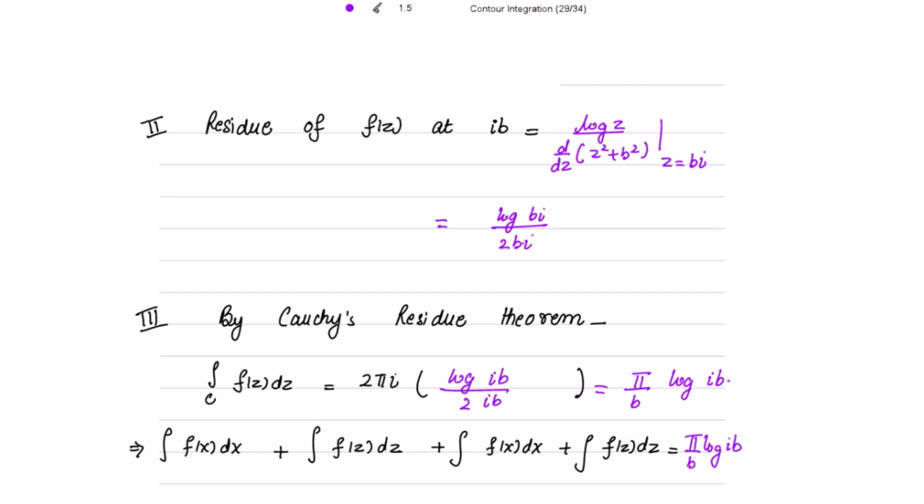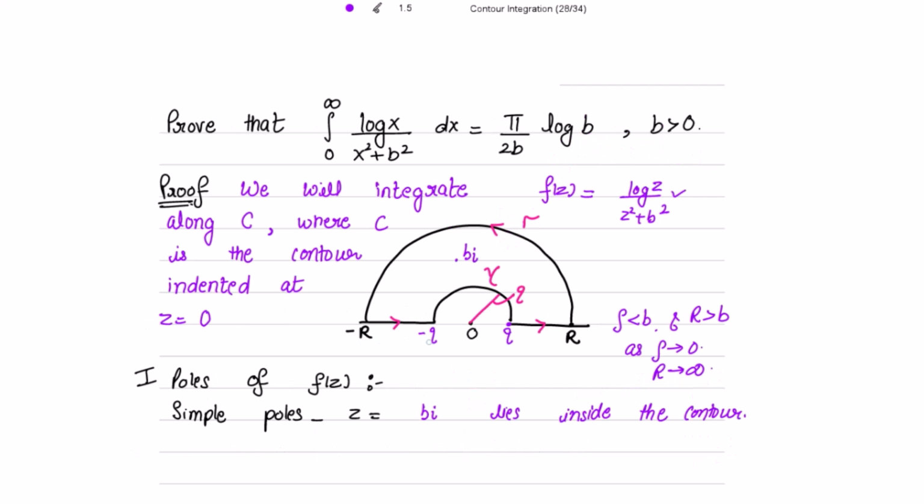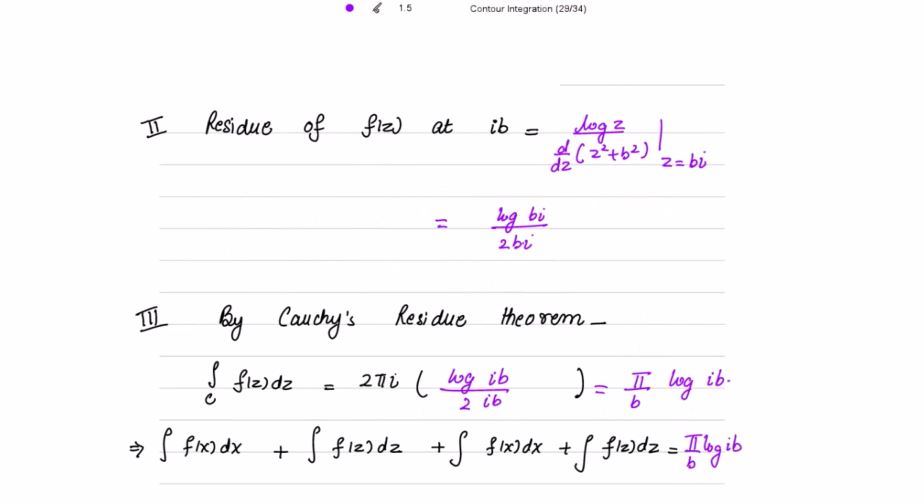Now this contour is split into many integrations. First we have to integrate along the x-axis from negative R to negative rho, then along the semicircle gamma, then from rho to R. Write the function in terms of x because integration is along the x-axis, then along this gamma semicircle, then from rho to R, f(x) dx, and then along this tau, the bigger semicircle, writing f(z) dz.